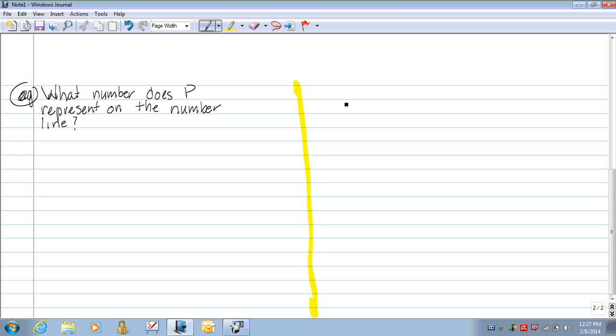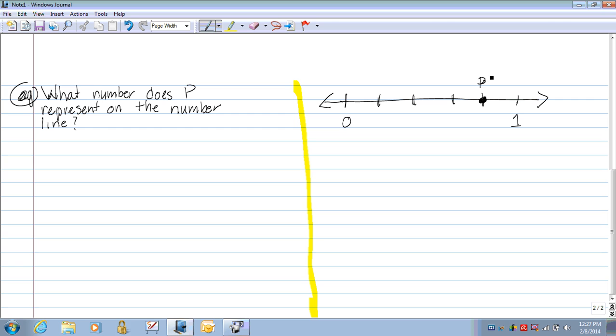So if I draw a number line over here on the right-hand side of my two-column notes, and this is 0, and this is 1. This time, I'm going to have a dot right here, and I'm going to label that dot P.